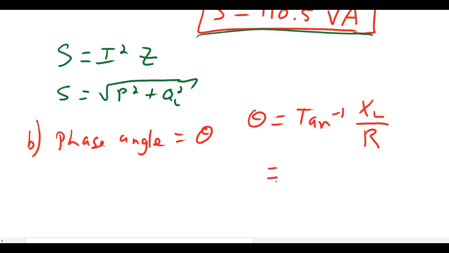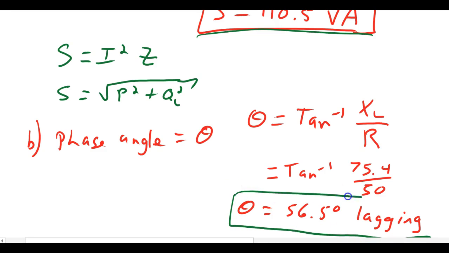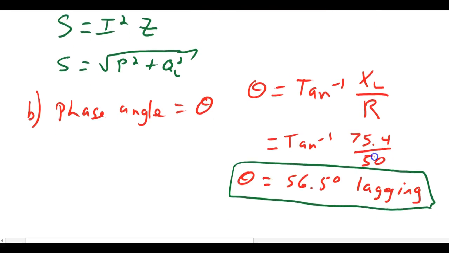We could calculate then the inverse tangent of XL divided by R, or the inverse tangent of 75.4 over 50, and theta then becomes 56.5 degrees. We should specify that it is a lagging phase angle because this is an inductive or lagging circuit.